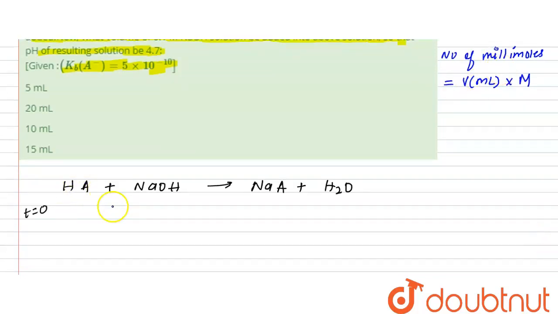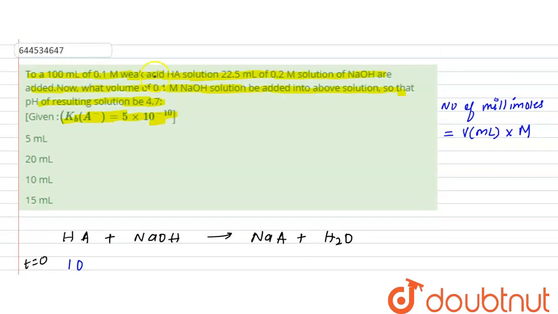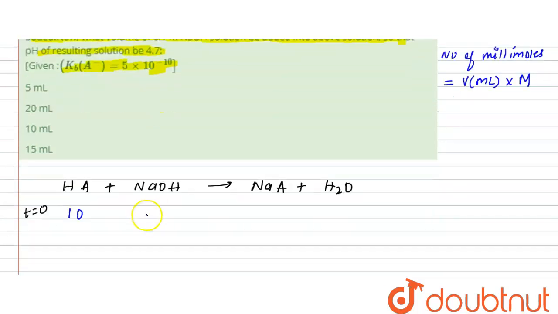So what is the number of millimoles of HA? It will be 100 into 0.1, which is nothing but 10. What is the number of millimoles of NaOH? It will be 22.5 into 0.2, which will come out to be 4.5, right? So the number of millimoles of NaOH will be 4.5. This will be 0 at t equals 0. Now at some time t, what will be the value of HA?